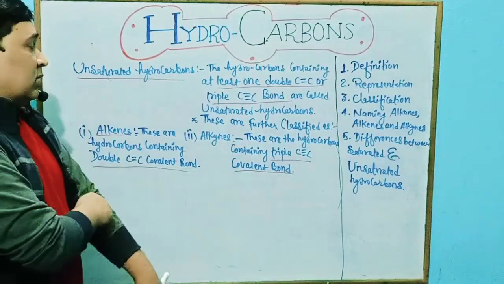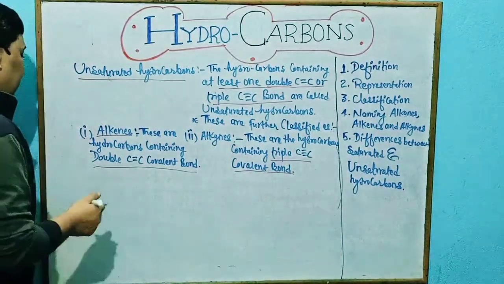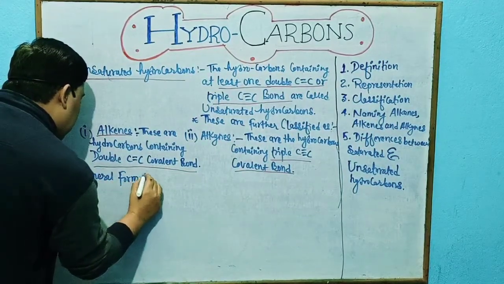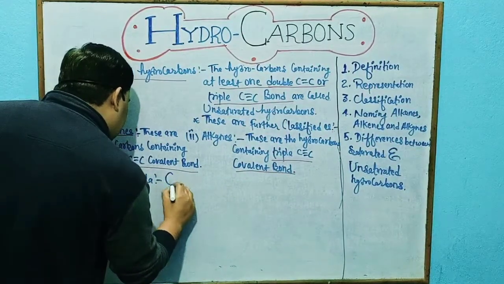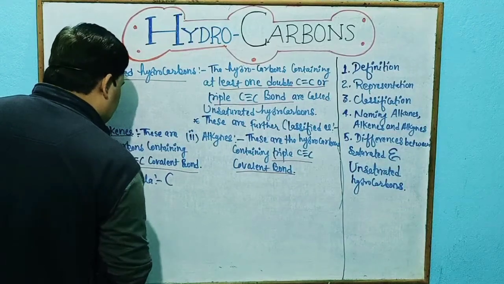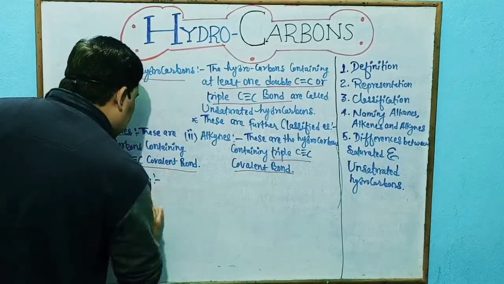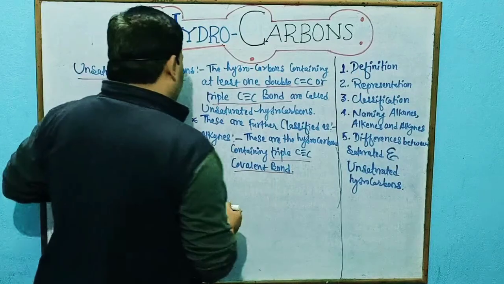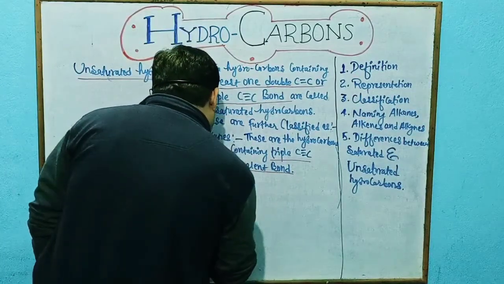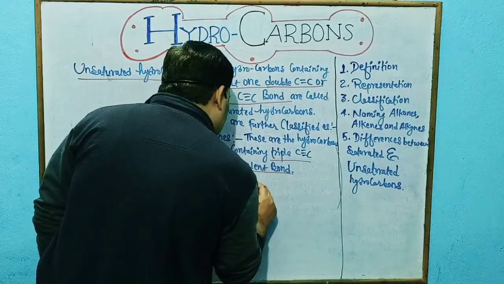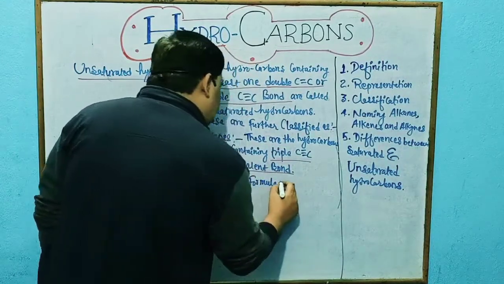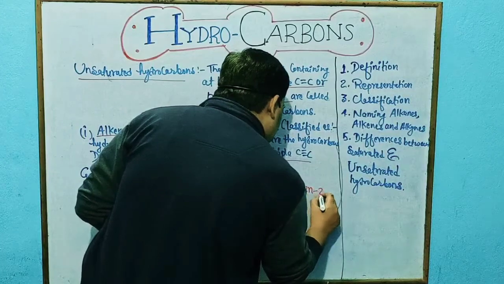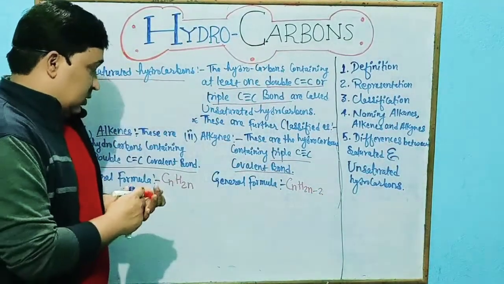These two are also represented by general formulas. The general formula for alkenes is CnH2n, and the general formula for alkynes is CnH2n-2.